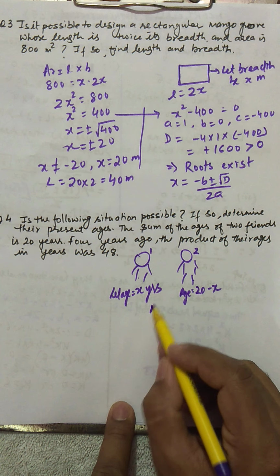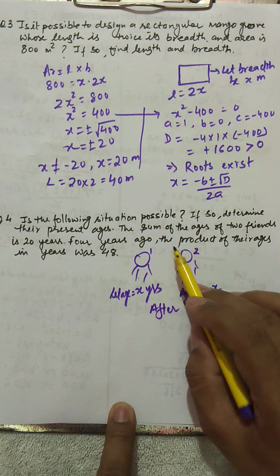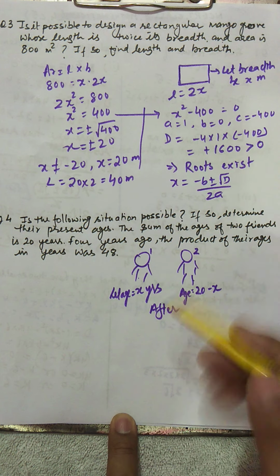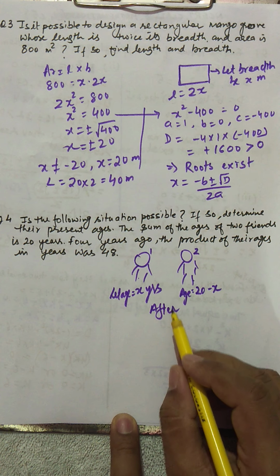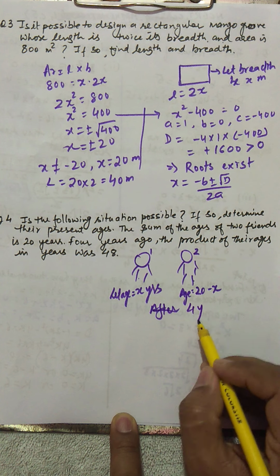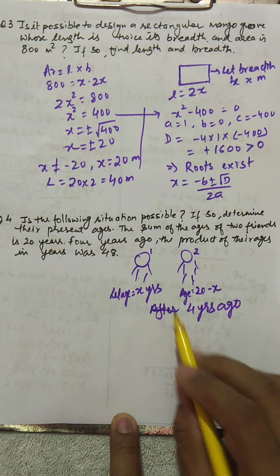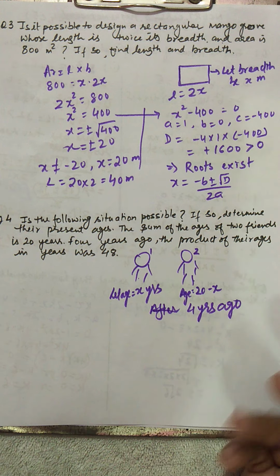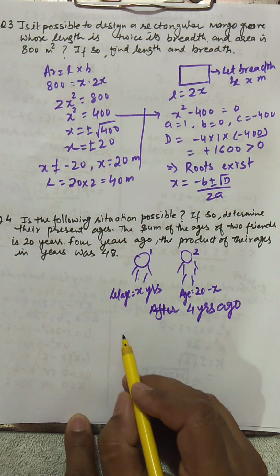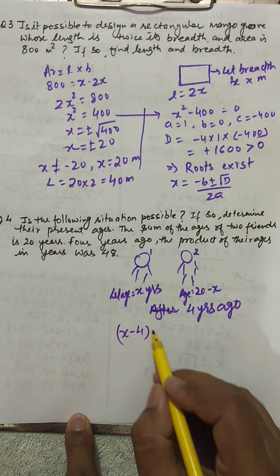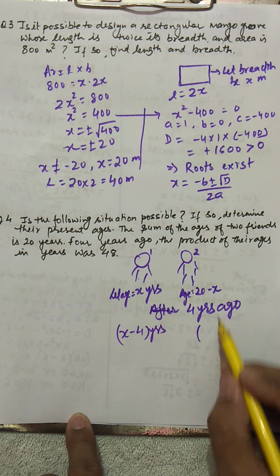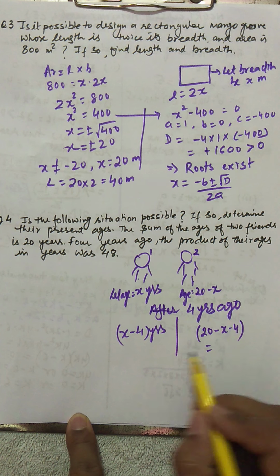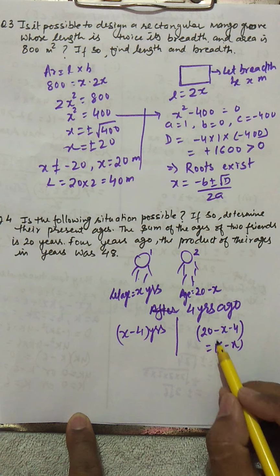Now 4 years ago means before 4 years, they are asking the previous ages. So 4 years back, the age of the first person will be x minus 4, and the second person's age will be 20 minus x minus 4, which is 16 minus x.